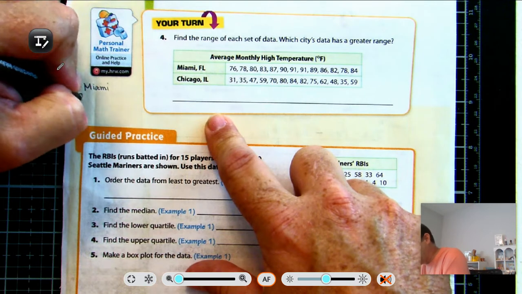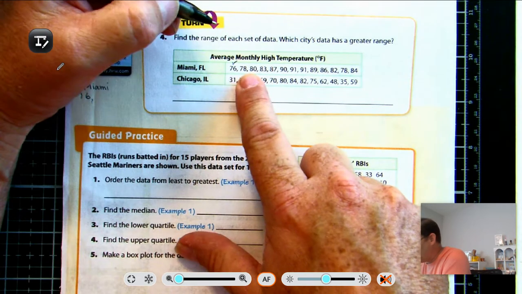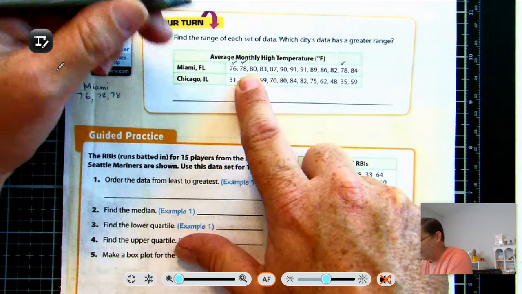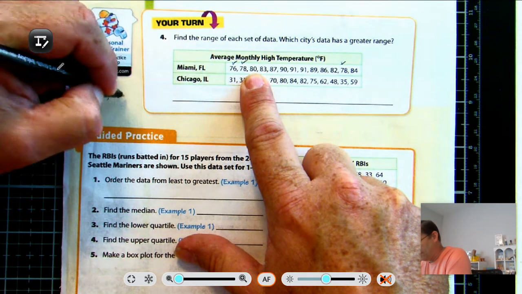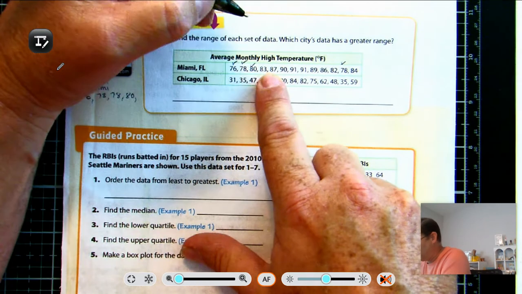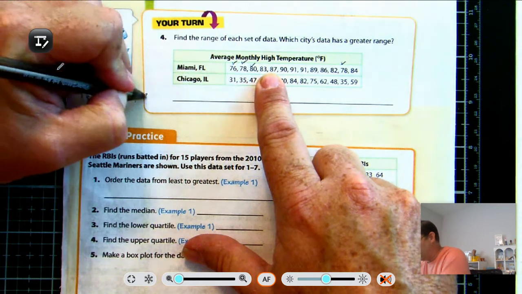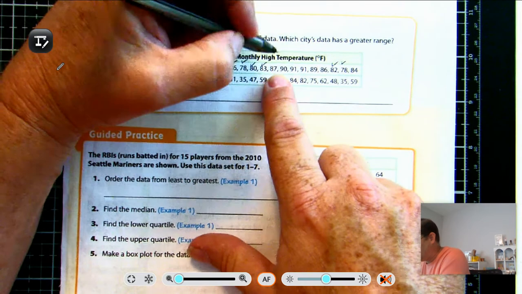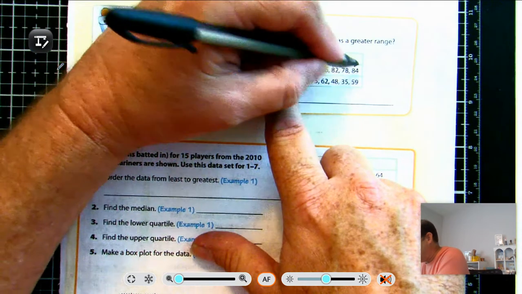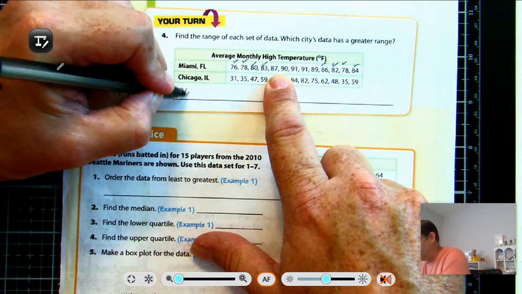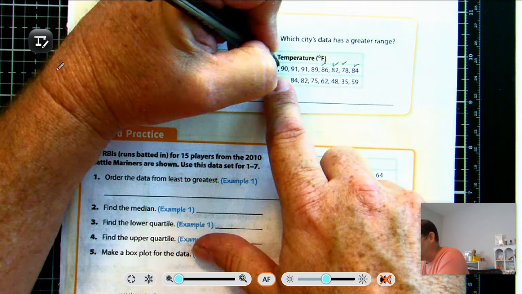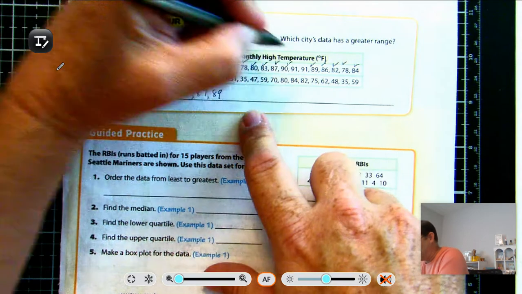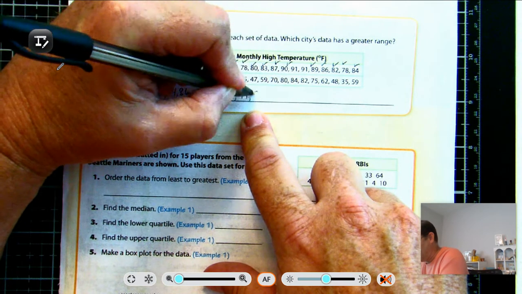Okay, so 76, 78, 78, 80, 82, 83, 84 and 86, 87, 89, 90, 91.